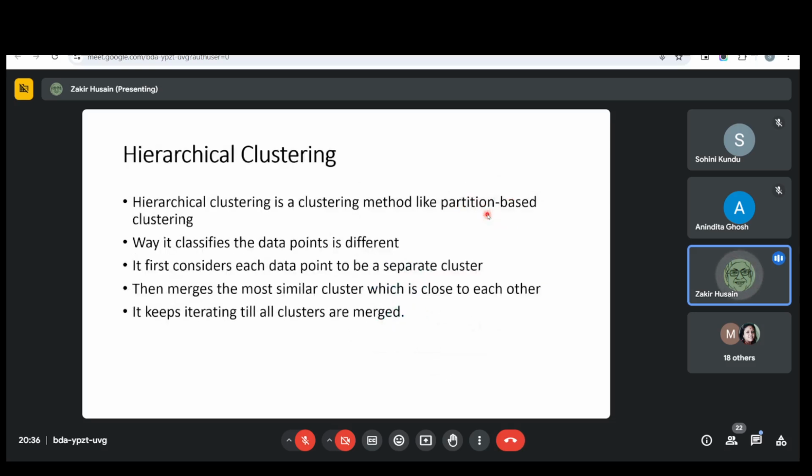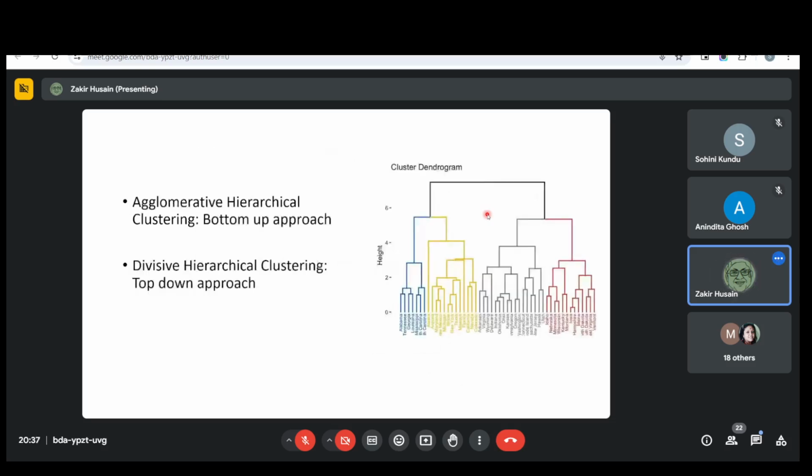The second clustering method is hierarchical clustering. This basically uses dendrograms, and again you have two approaches. You can start off by assuming that all the units are separate, and you try to club together two units at a time.